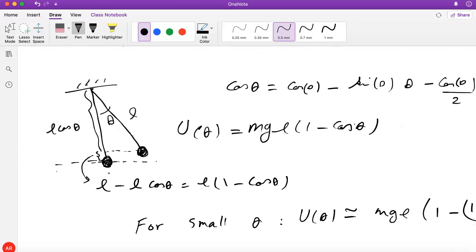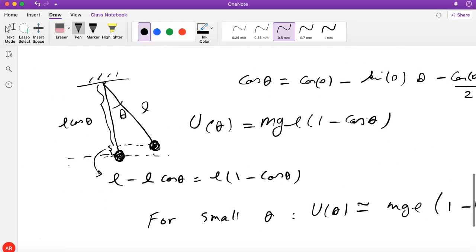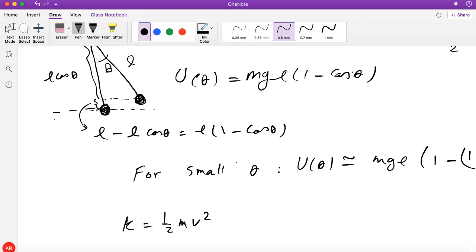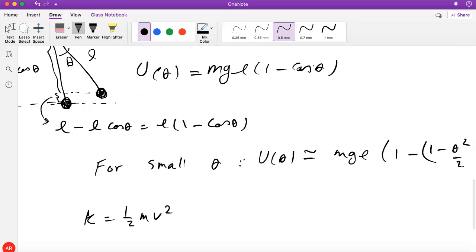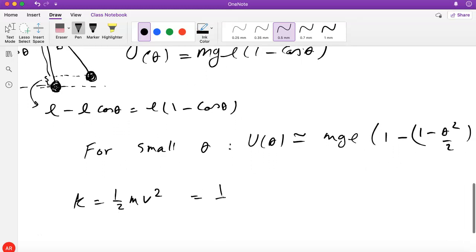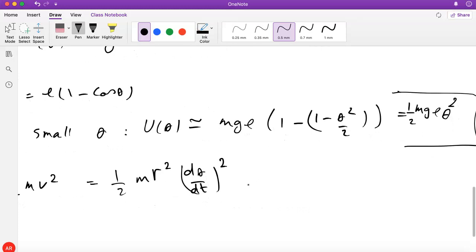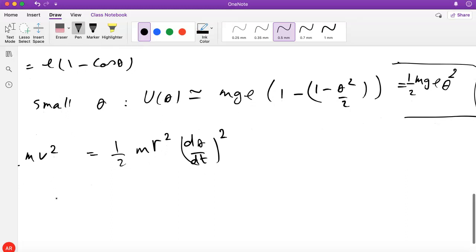And let's see, what is the kinetic energy? Well, the kinetic energy is 1/2 mv squared. And if it's going around the circle, v is r omega. Omega is the derivative of theta with respect to time. So this is going to be 1/2 m r squared times (d theta dt) squared. So it's helpful to compare this with maybe a mass on a spring.